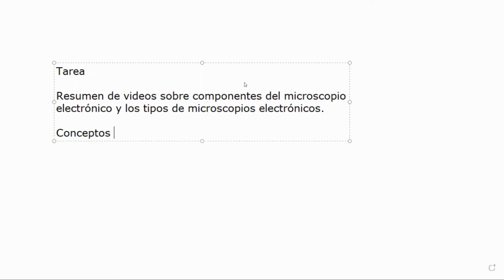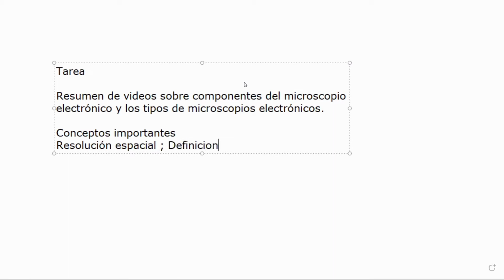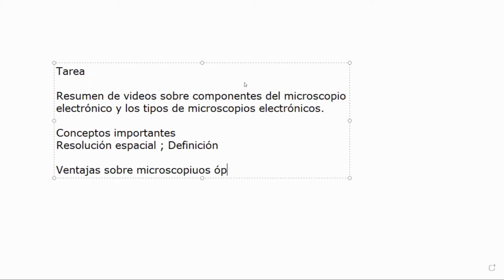Conceptos importantes que se han manejado, como la resolución espacial, ¿verdad? ¿Cuáles son las ventajas sobre microscopios ópticos?